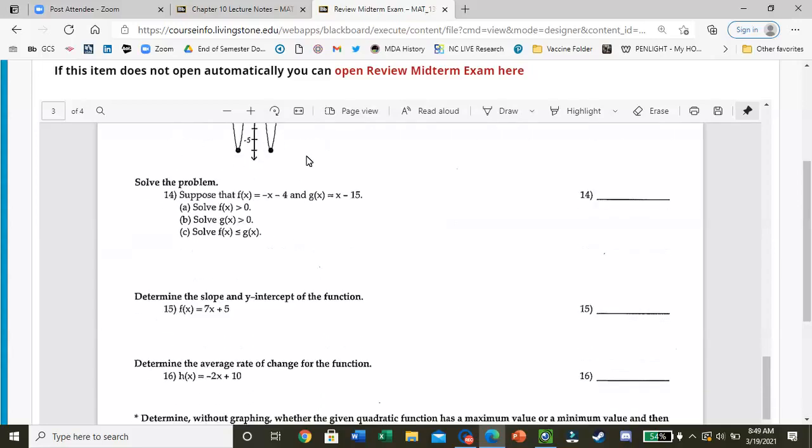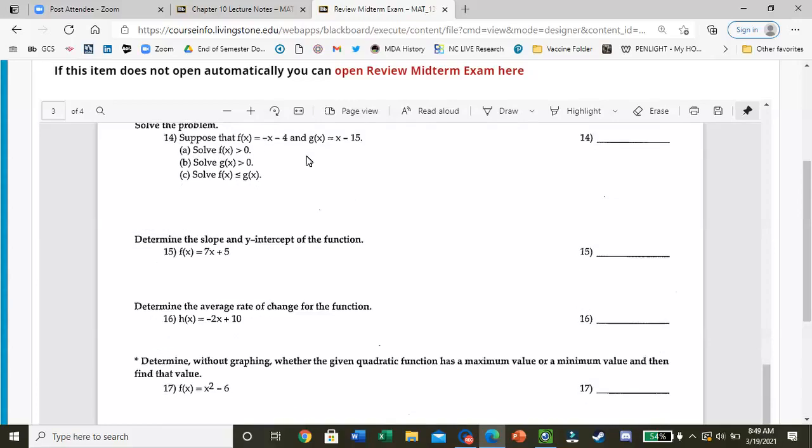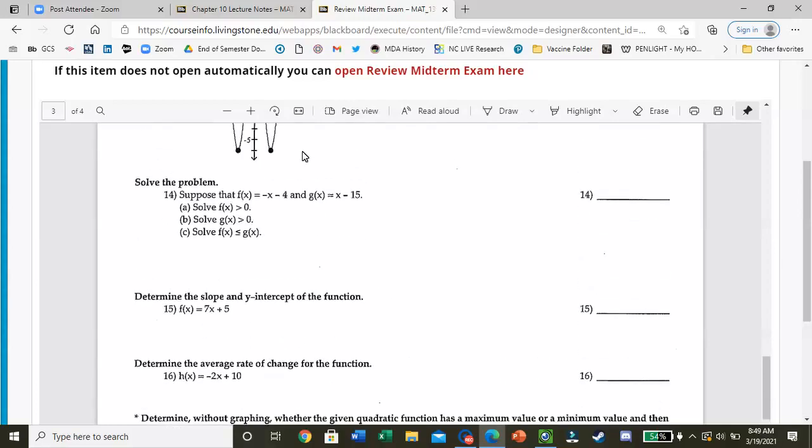Okay. Solve. Do we have inequalities? This is the last part of chapter 3. In other words, instead of f of x equals 0, you're going to put in here -x minus 4 is greater than 0 and then solve.